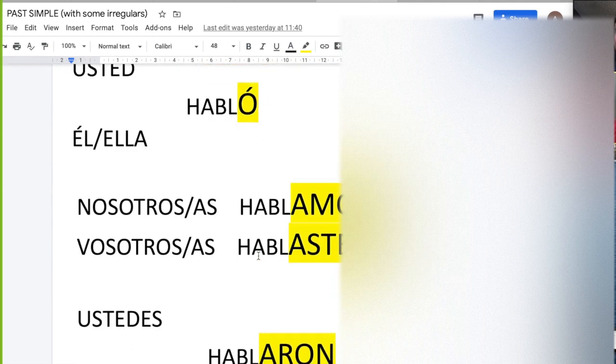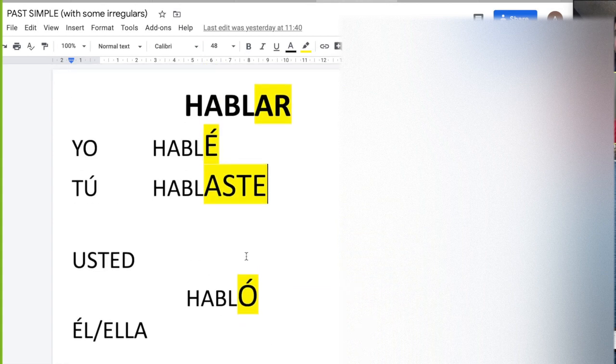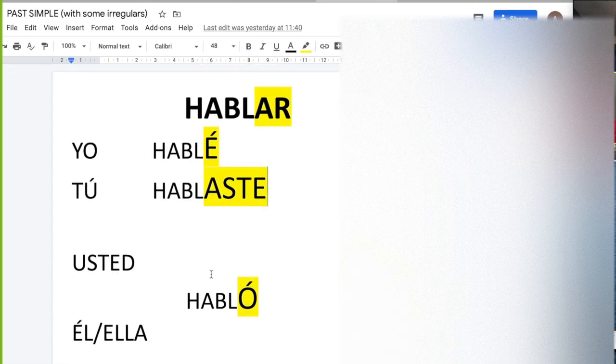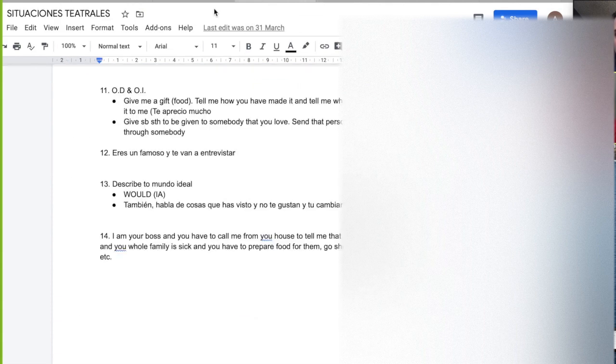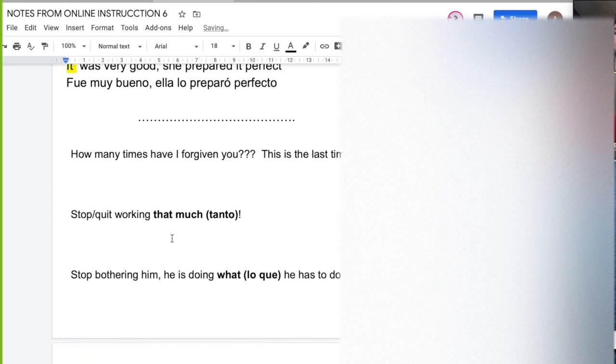Nope. The new past tense. Ella lo preparó. Preparó. Ella preparó. Sí. Mira, Hannah, mira en la pantalla. New past tense. ¿Vale? Ella lo preparó.